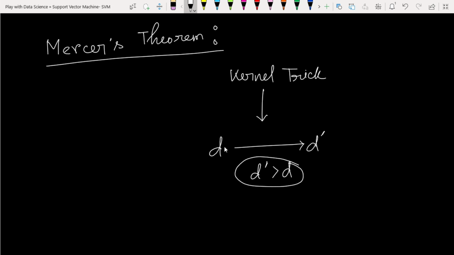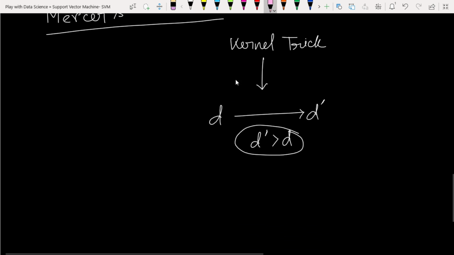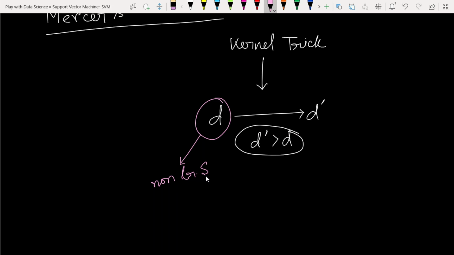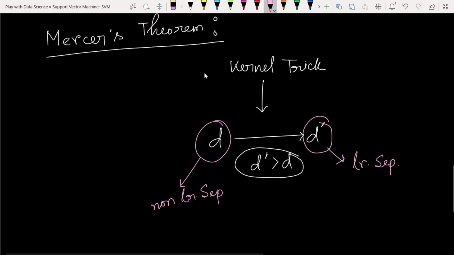In the original space our data is non-linearly separable, but in this new space our data is linearly separable. So this is simply Mercer's theorem.